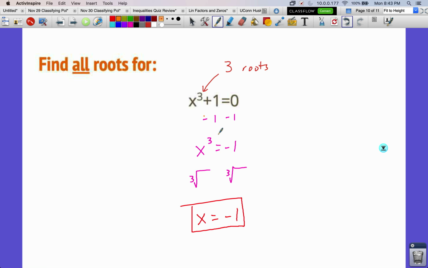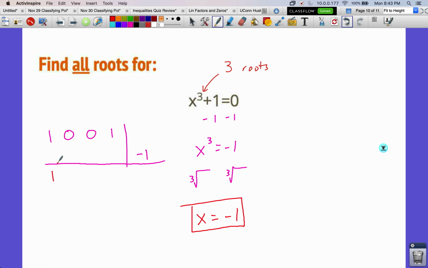So what we're going to do is remove this root from this cubic here, and see what quadratic remains. I'm going to do that with synthetic division. Let's turn this equation into the coefficients for synthetic division. It would go 1, 0x cubed, 0x, and then 1 for the constant. And then we're going to put a negative 1 over here.